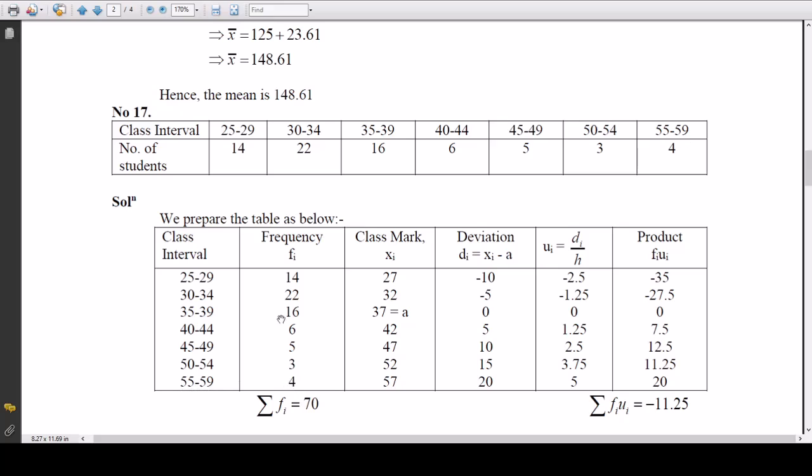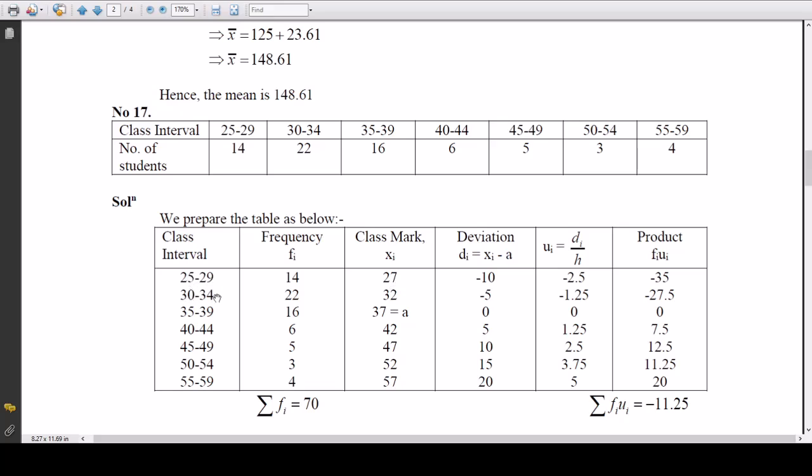Okay, now the class mark. 25 to 29: 25, 26, 27, 28, 29. Which is the mid value of this? You add 25 with 29, you will get how much? 54. 54 divided by 2 is 27.